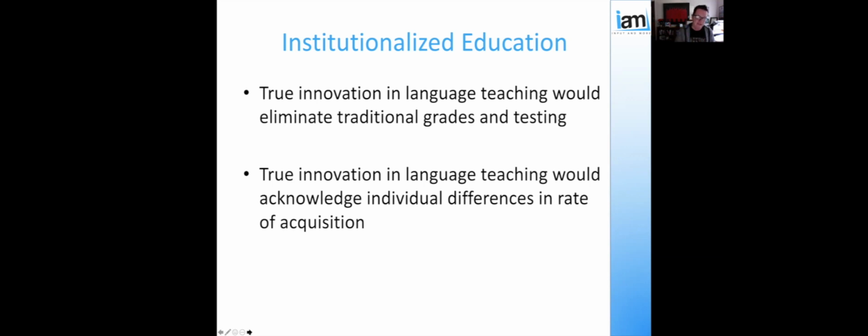Even the kinds of things like ACTFL advocates with assessments and performance reviews and so on, don't take into consideration that. We're still trying to give a grade to something, give it to teachers to put in their books. So true innovation would seriously question grades and testing, and it would seriously question what we do about individual differences and how they are ignored in the one-size-fits-all approach to testing and grading.